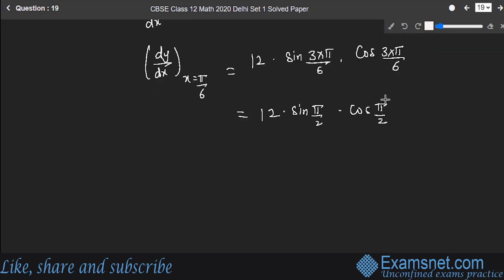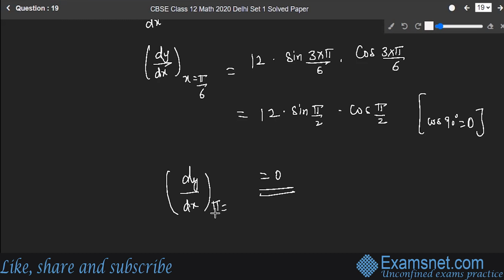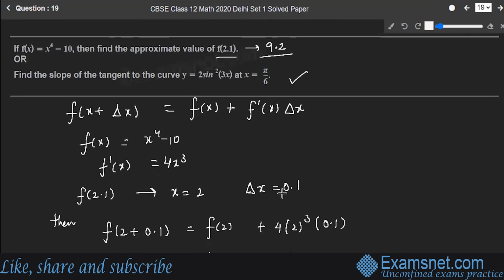You know cos pi by 2 is equal to 0. Cos 90 is equal to 0. So this whole expression comes out to be 0 only. So dy by dx at x is equal to pi by 6 is equal to 0. Hope you got that. So this answer evaluates to be 0.